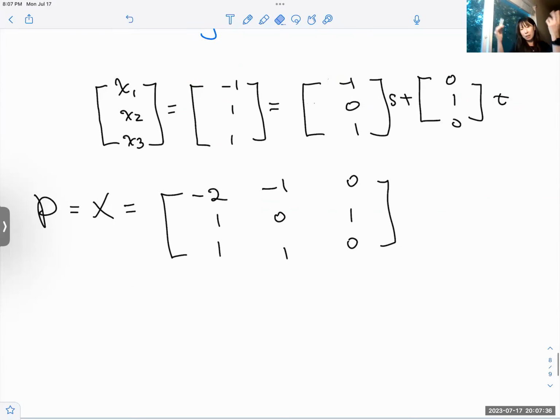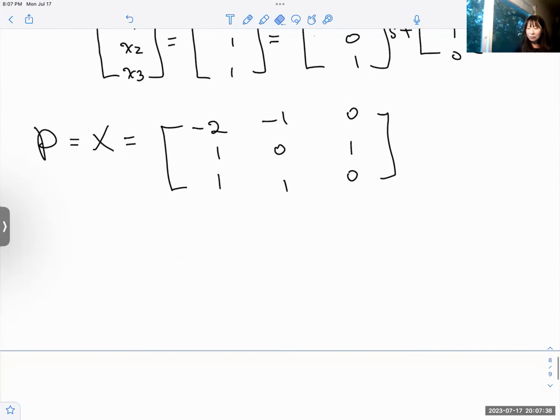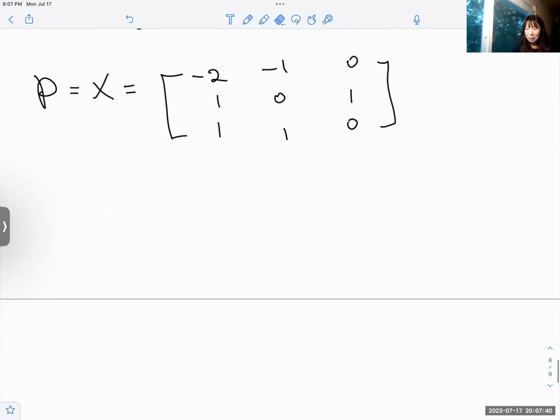So inverse. How do you find the inverse? This is a 3 by 3 matrix. Step 3, find the inverse.